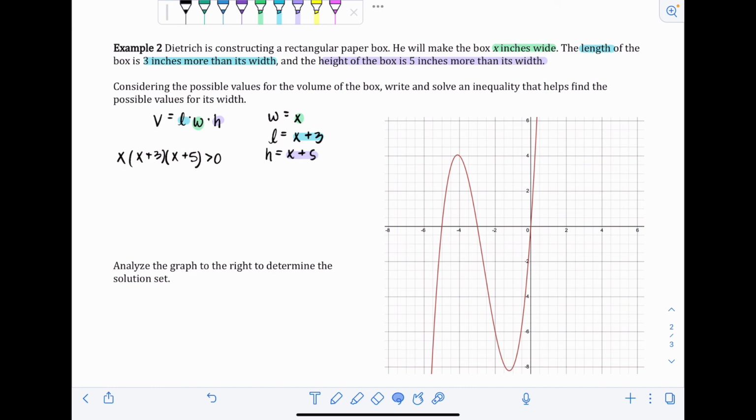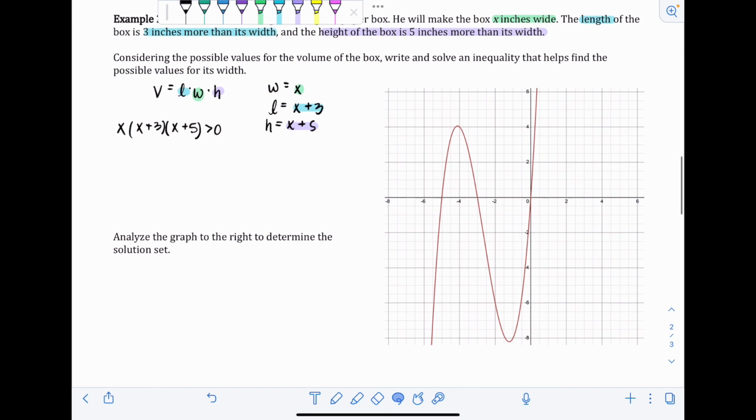And now we want to take a look at the graph at the right and determine what our actual solution set would be for this problem. I just want to talk a little bit about how we would find that graph. I know it's there for us, but the inequality that we set up is in factored form, so it's pretty easy to find the zeros. We would just set each factor equal to 0.